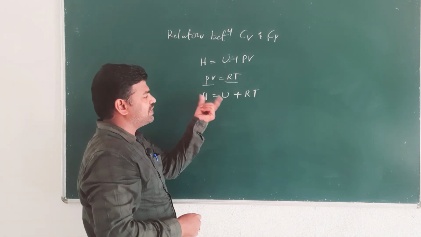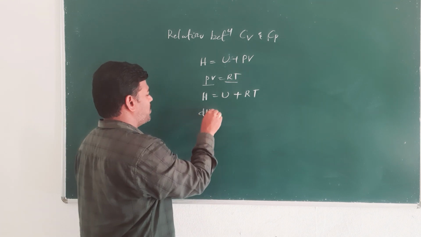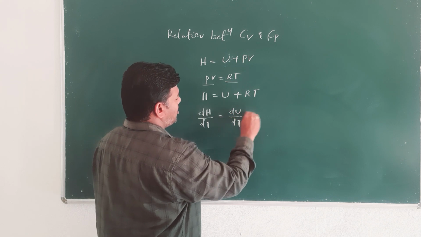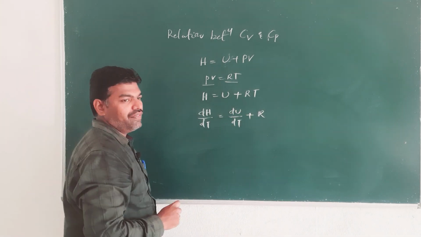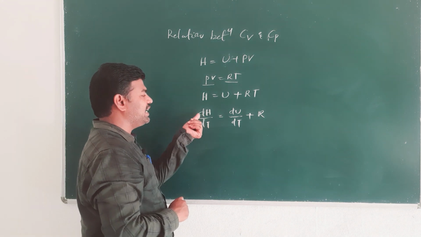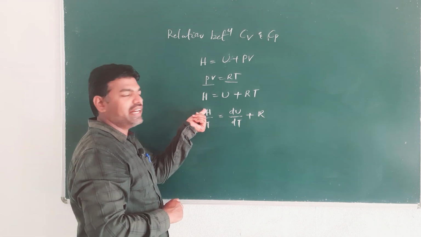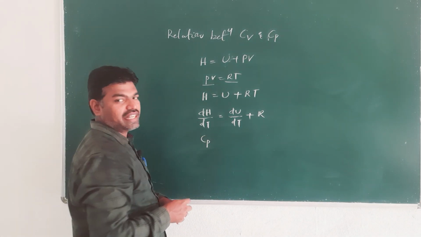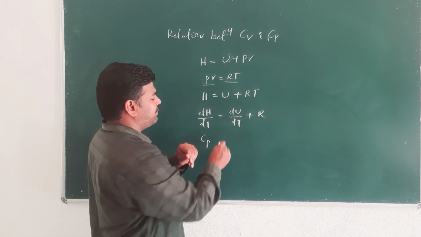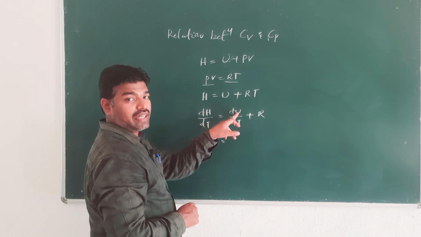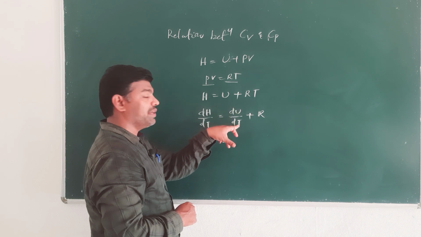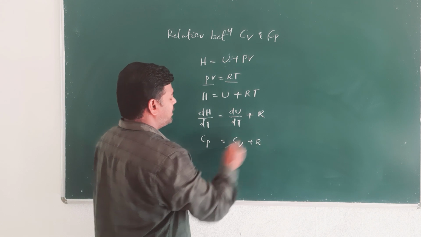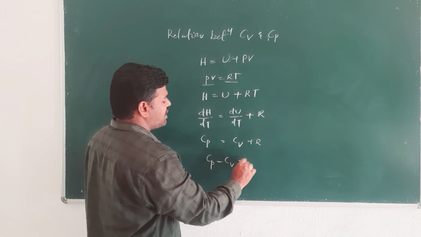Differentiating the equation with respect to temperature, dH by dT is equal to dU by dT plus R. Already we know that dH by dT, the rate of increase in enthalpy with temperature, equals Cp, heat capacity at constant pressure, and the rate of increase in internal energy with temperature equals Cv, heat capacity at constant volume, plus R. Therefore, Cp minus Cv is equal to R.